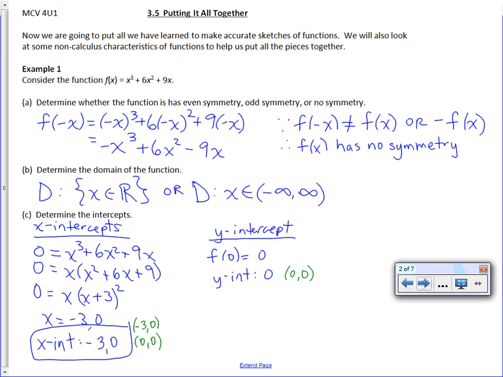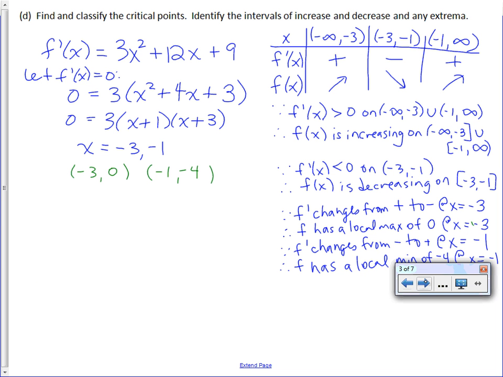Okay, so we were looking at example 1, which was a cubic function. And the first 3 parts of our analysis had nothing to do with calculus. They were all just looking at features of the original function f of x. So we figured out intercepts and we figured out the symmetry. Then we were finding the critical points.